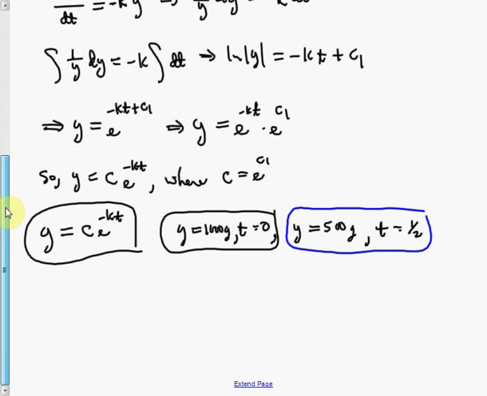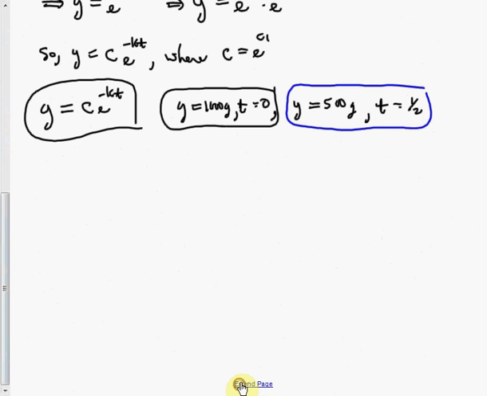Well, let's see. What we're going to do is replace the y with the 1,000, and also replace the t with 0. So this is c times e to the negative k times 0. That implies directly that c is equal to 1,000, because e to the 0 is just 1.